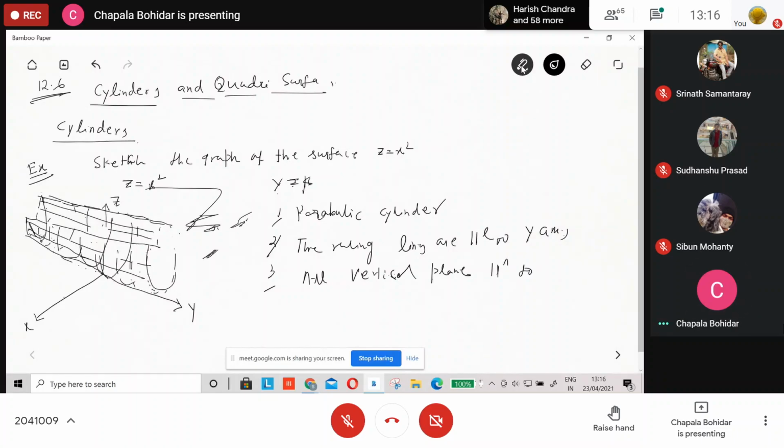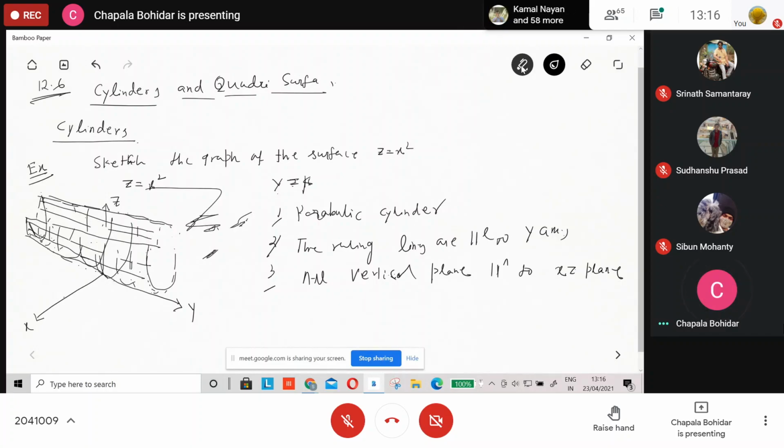XZ. Parallel to the XZ plane. Okay. These 3 points you have to write down. Now it is for the parabolic cylinder. We are getting here a parabolic cylinder.